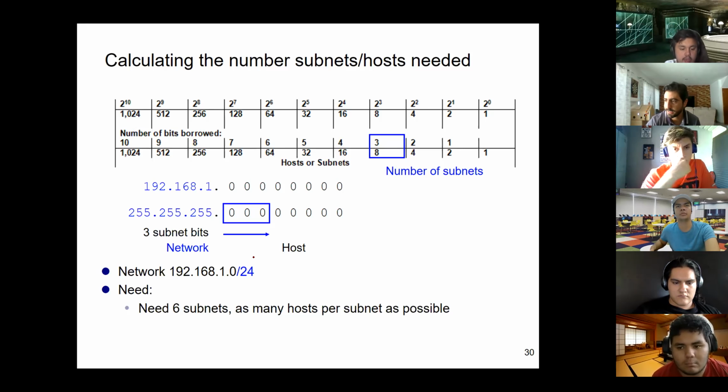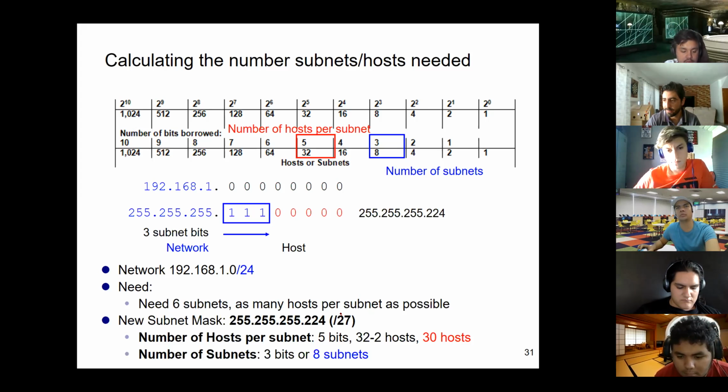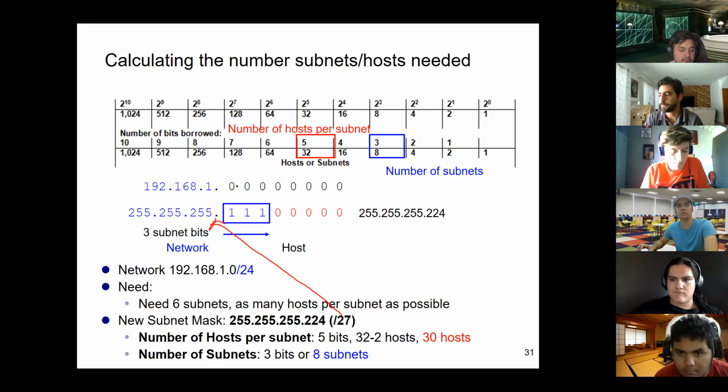This is my subnet part, this is for my hosts. Then you get the prefix of 27, because you had 24 earlier. Now you have 3 more ones, so you get 27. This 27 means all the ones you have here: 8, 8, 8, and 3. So in total, there are 27 ones.